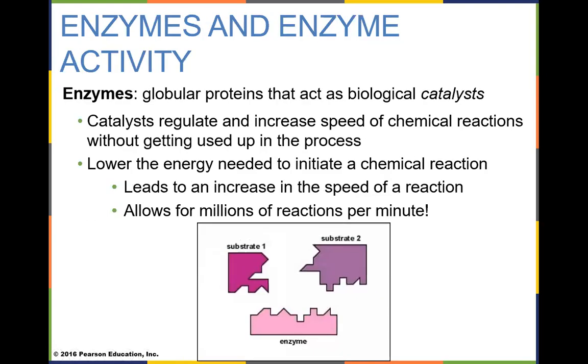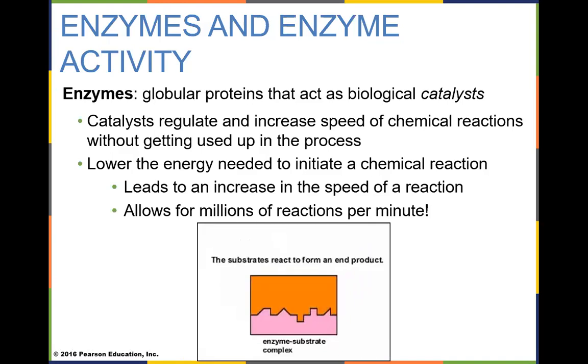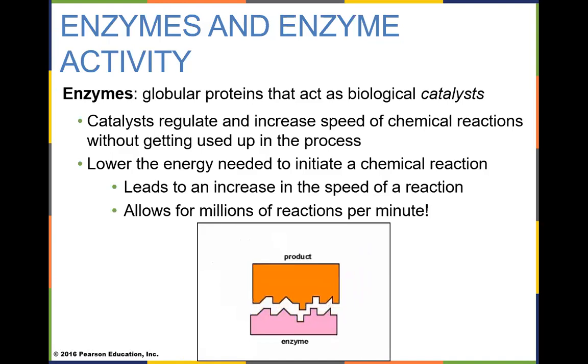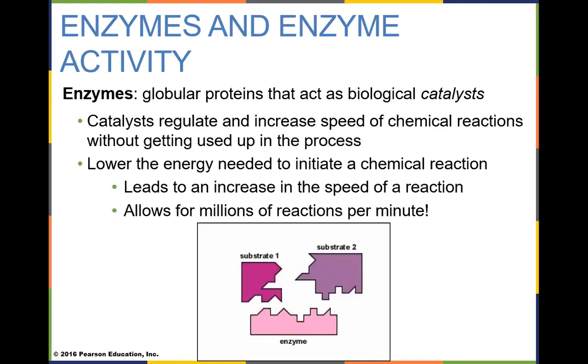Now, of all these different types of proteins, probably the most important one we pay attention to are the enzymes. The enzymes are a biological catalyst. And a catalyst is a substance that makes chemical reactions go faster. It's like putting lighter fluid on charcoal.